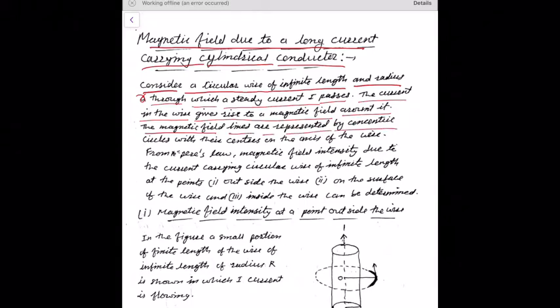The magnetic field lines are represented by concentric circles with their centers on the axis of the wire.